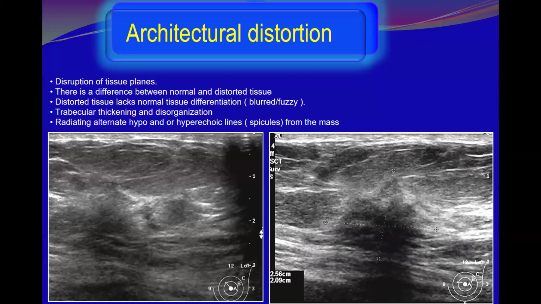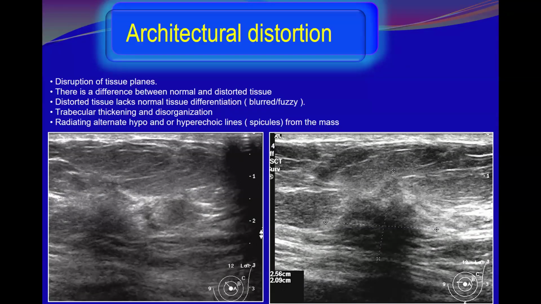In this patient, when I angulate the probe in the same area, I could appreciate a spiculated, irregular, hypoechoic, shadowing, non-parallel mass with hypoechoic spicules. Why these hypoechoic spicules? Because the background is hyperechoic parenchyma.